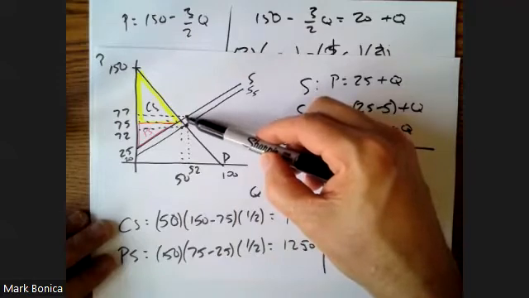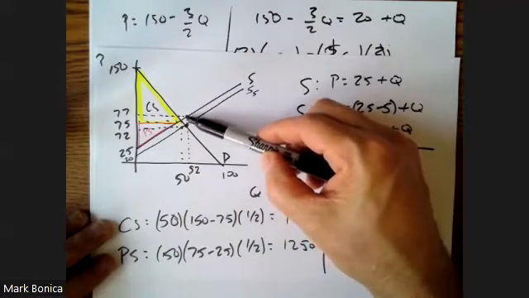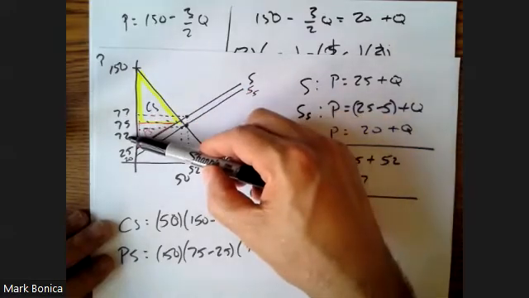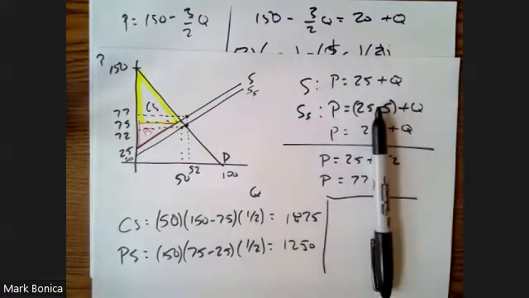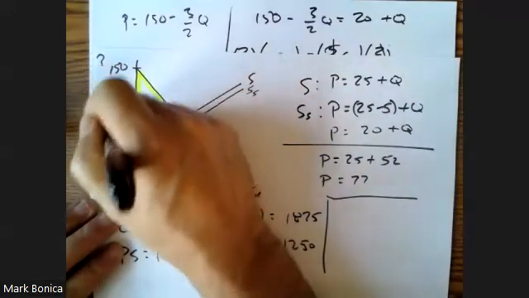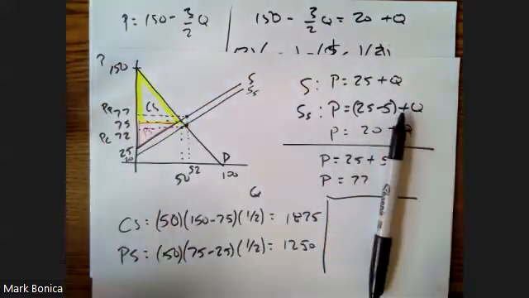And so the gap between 77 and whatever the consumer price is going to be equal to 5 too. So 77 minus 5 gets us 72. Okay. So this is the price to the producer. This is the price to the consumer.